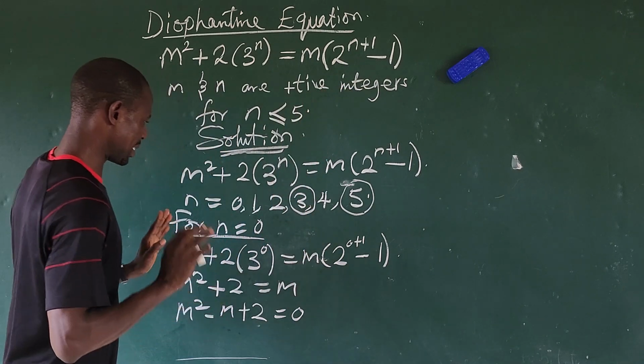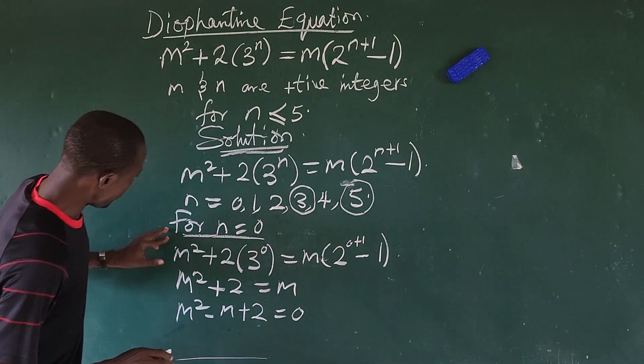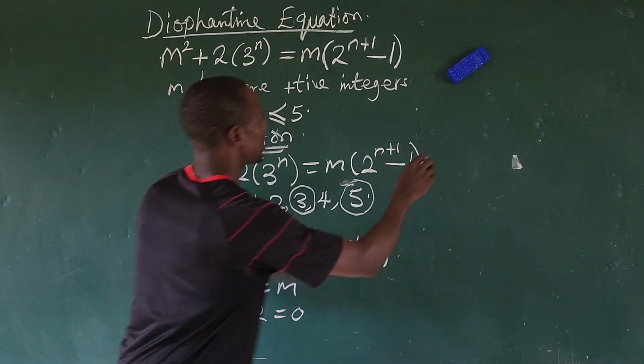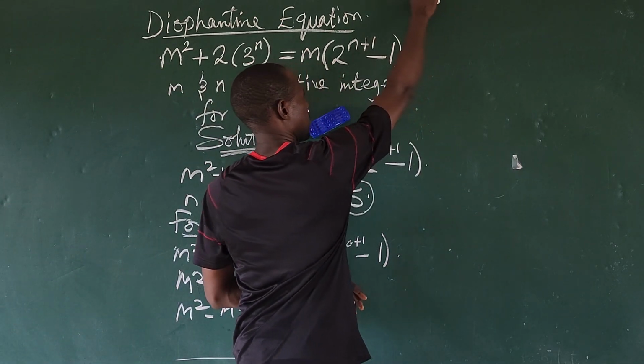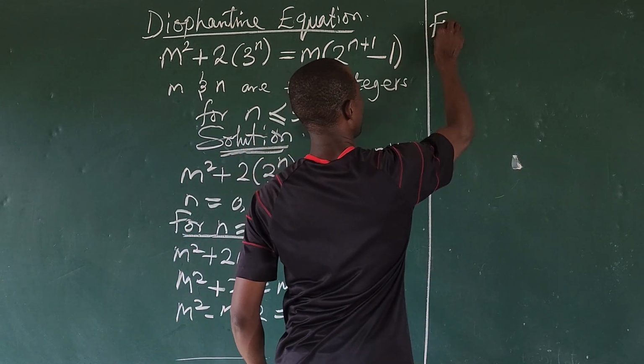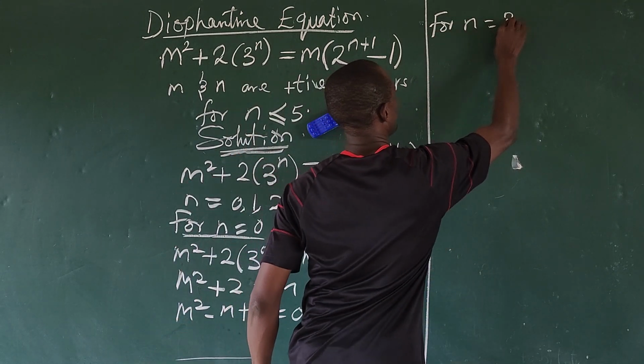And so let's take that of what? When n is equal to 3. So from here, let's continue on this side. We now have n equal to 3.